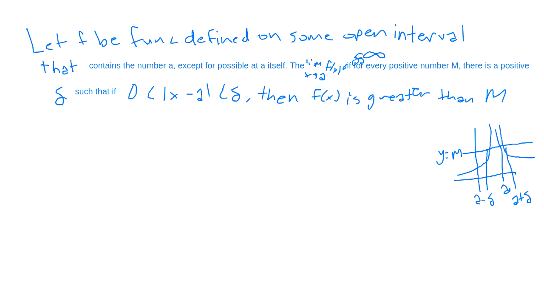And essentially it's showing that if we have our limit going to infinity, there's always going to be some more function above whatever we decide m to be. We could say m is a billion, a trillion, bigger than that. That f of x is going to keep getting bigger and bigger and bigger. That's what it's saying.